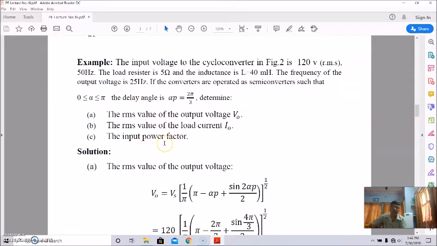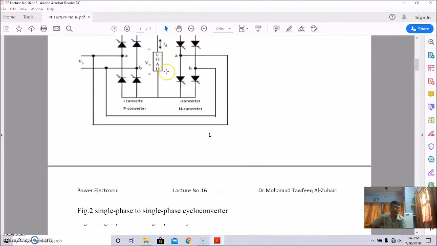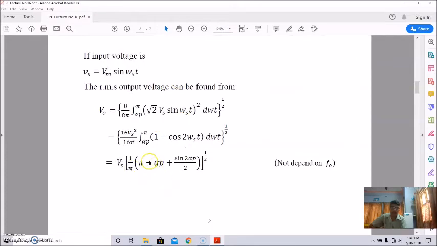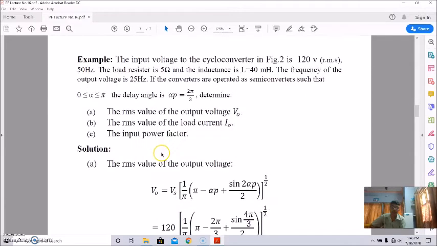Okay, so from the expression of the output voltage, if we put this value, V output equal to Vs times (1 by pi times (pi minus alpha p plus sin 2 alpha p by 2)) to the power 1/2.